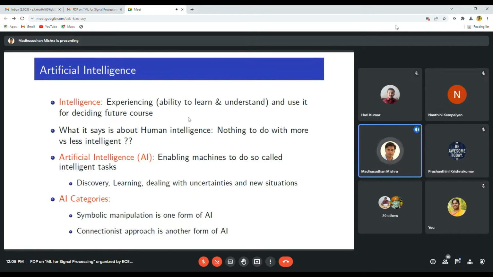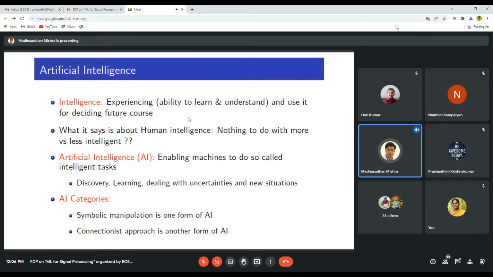Humans have intelligence. Artificial intelligence is intelligence by the machine, enabling our computers or machines to do so-called intelligent tasks.